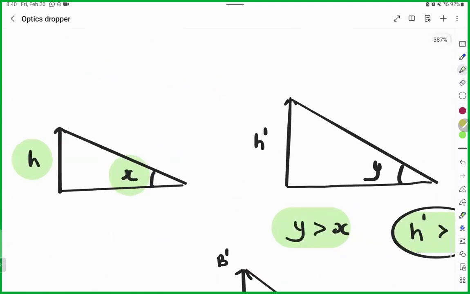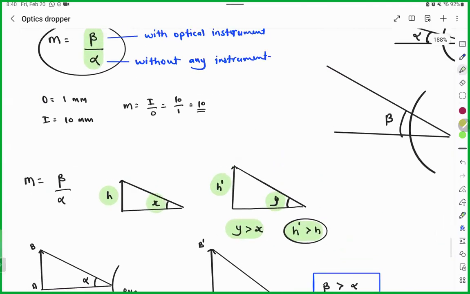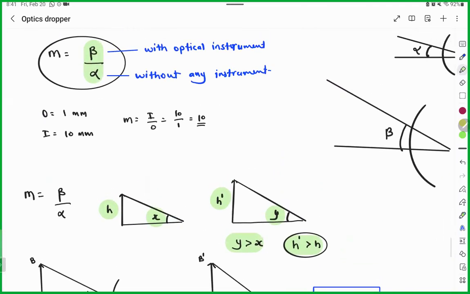If you change the height to h dash and the angle is y, you can see the y angle is greater than x. So it signifies that our image is bigger than the object. So angle is correlated with size, height: more angle, more size. That's why in magnification we use the angle, beta by alpha.